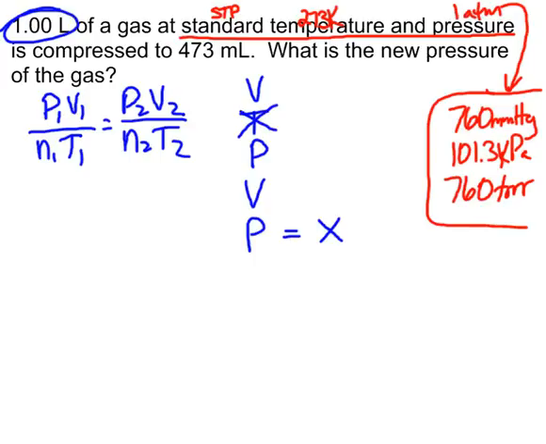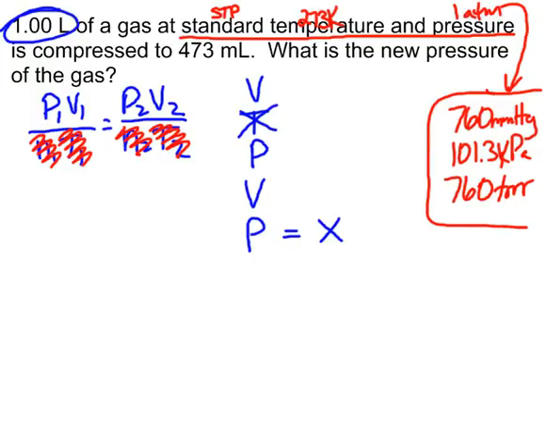Even though I mentioned what the temperature is, there's no change involving the temperature, so we're assuming that temperature is constant. So we're going to get rid of it. It's not involved in the equation. And like I also said, if it never mentions anything about number of moles, which most of the time the questions won't, then that must also be constant.